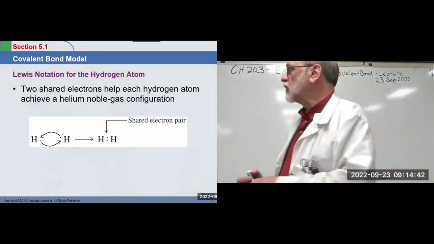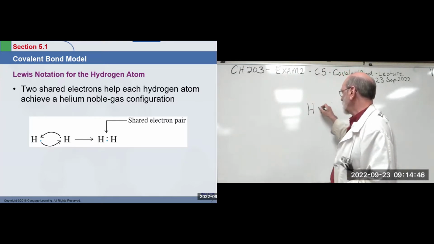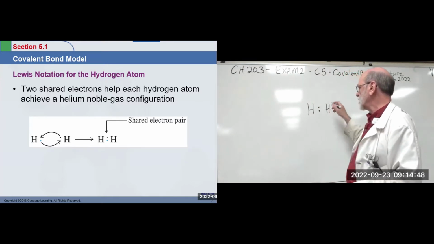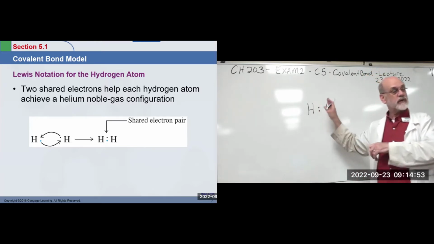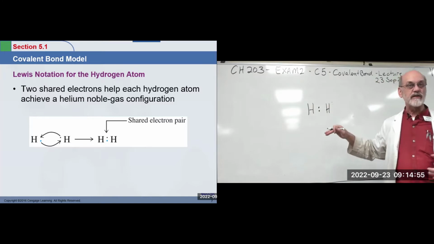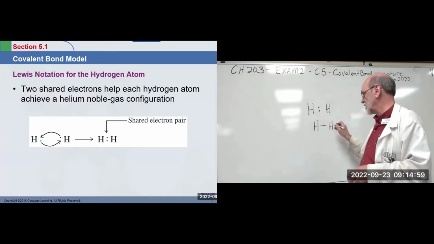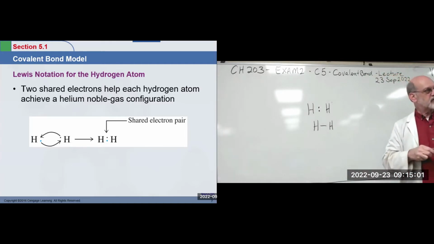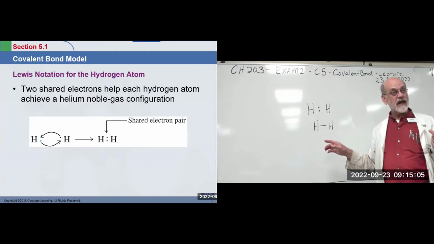Okay, so when we write them, at least in the beginning, we'll write them like that. So the 2 electrons are shared between the 2 atoms. But for convenience, sooner or later, we're going to switch to that and just write a single line for the bond. And if you see a single line, that's 2 electrons.